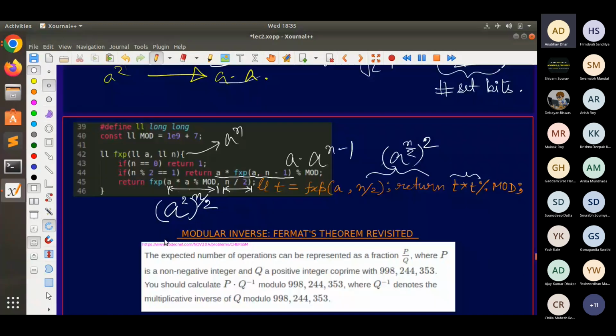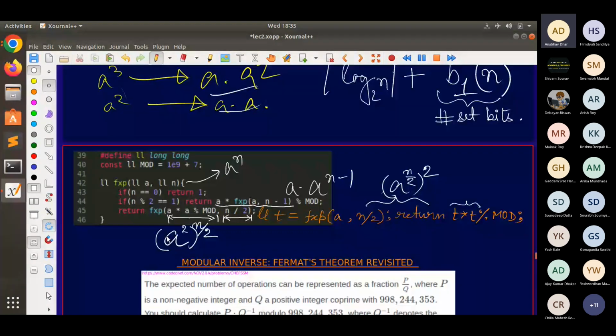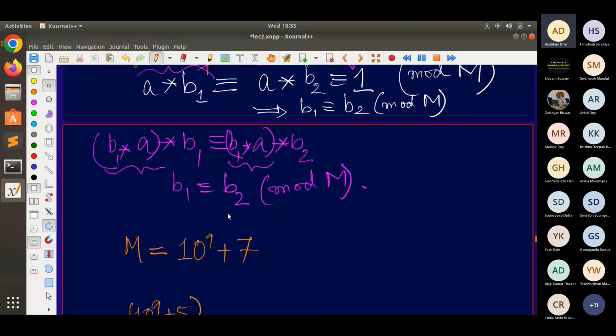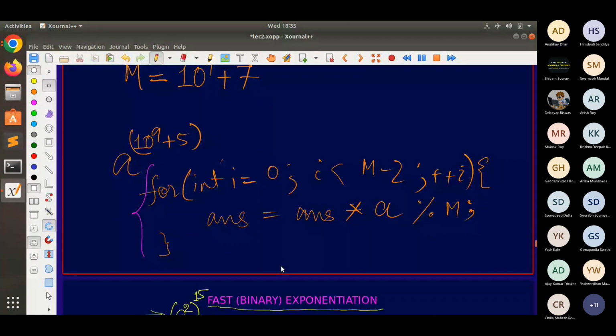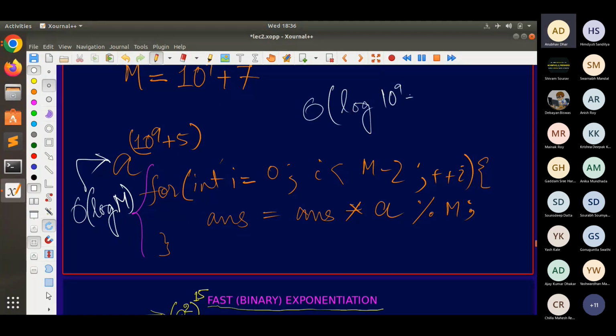So that means we can actually find the modular inverse of any number quickly. This can be sped up to order log n, right? So you can find any modular inverse in order log n time. That's pretty cool, because order log of 1e9 plus 5 is about 30.